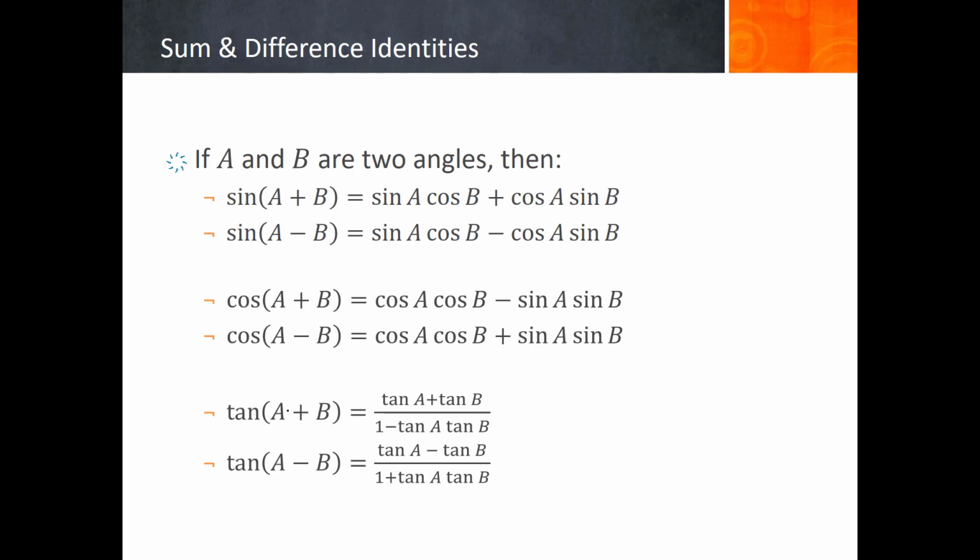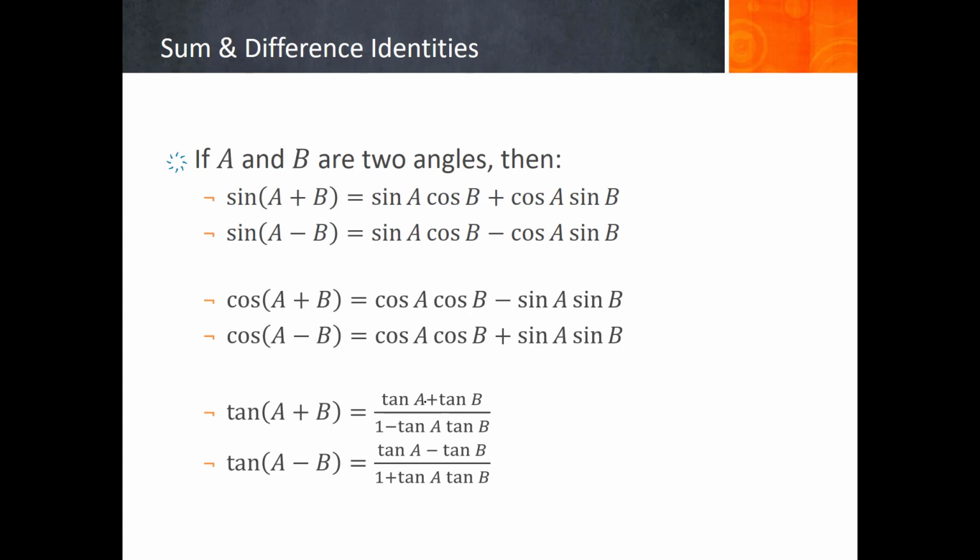If it's tangent of A plus B, then the numerator of your fraction is a plus, and the denominator is a minus. If it's tangent of A minus B, then the top is the same, it's a minus. The bottom is the opposite, it's a plus. Okay, so the top operation matches what you had originally, the a plus b or the a minus b, and then the sign in the bottom is the opposite of that.